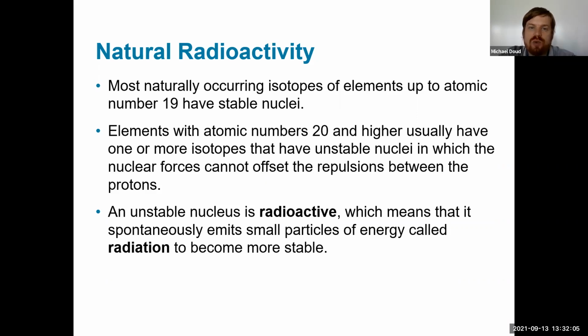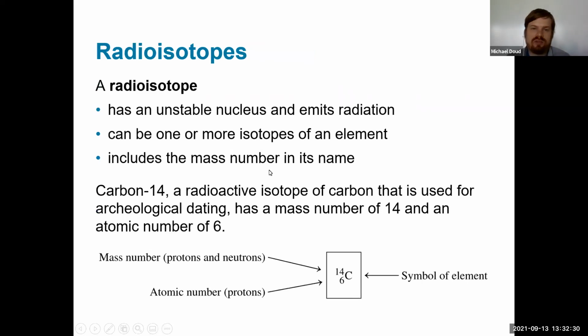These radioactive isotopes just have combinations of protons and neutrons in the nucleus that are unstable. This unstable nucleus is what we call radioactive. In other words, it can decay and change the number of protons and neutrons in the nucleus. It emits what we call radiation in order to become more stable. And there are different flavors of radiation that we want to be able to understand.